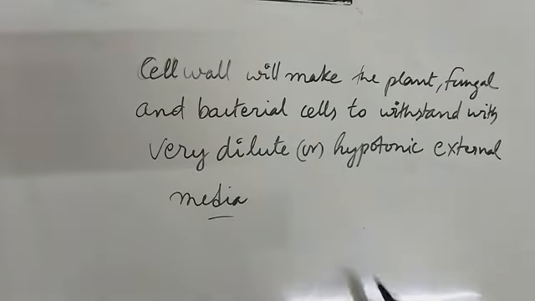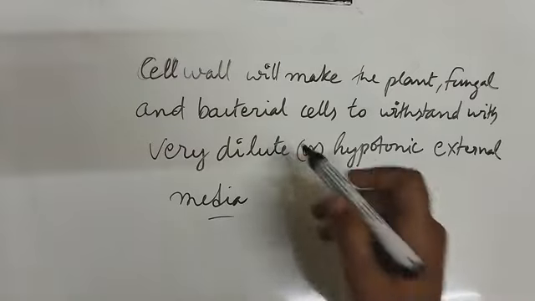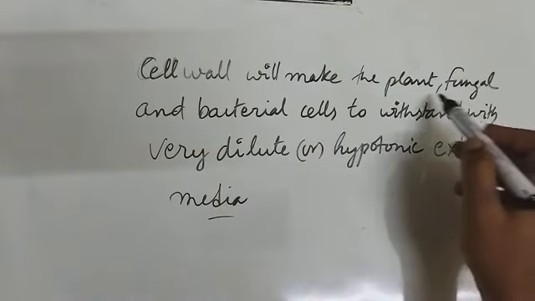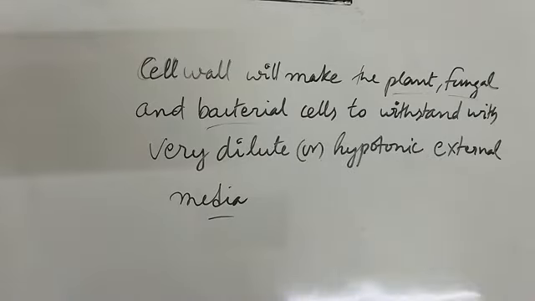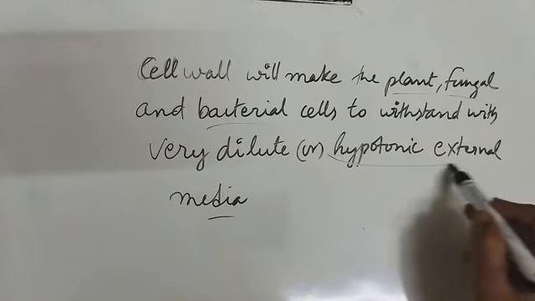When any plant cell is placed in hypotonic media, what happens? The cell will gain water. Endosmosis takes place. So these plant, fungal and bacterial cells are more frequently exposed to hypotonic media.